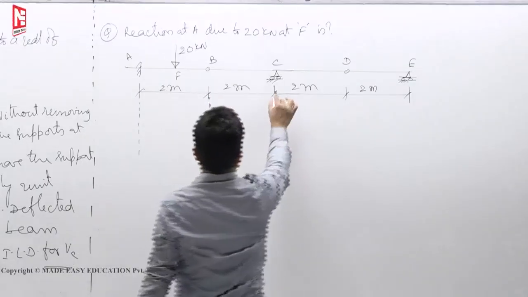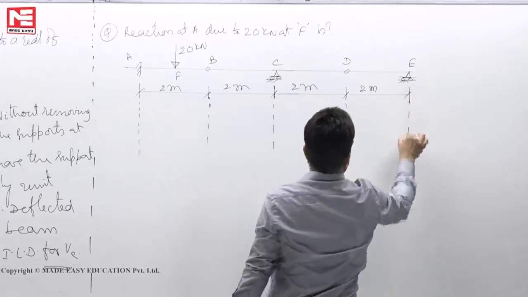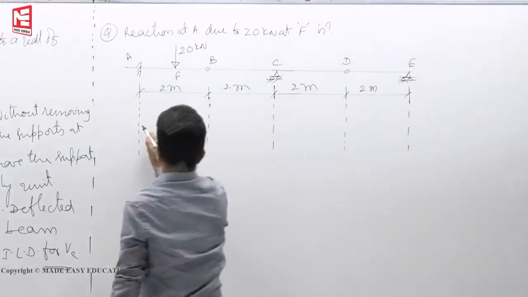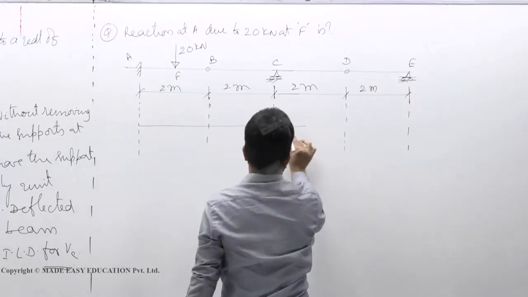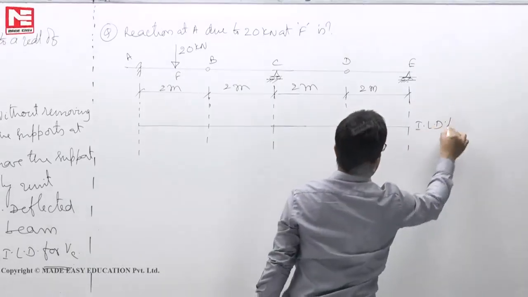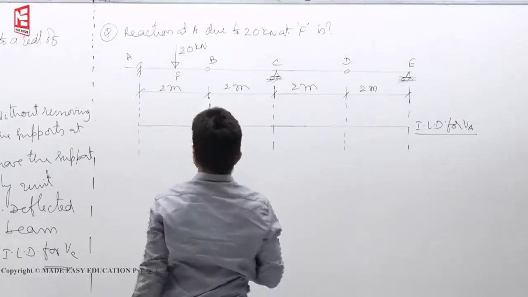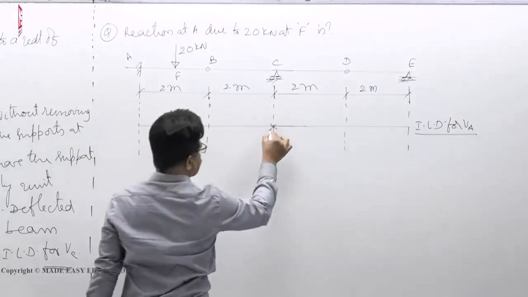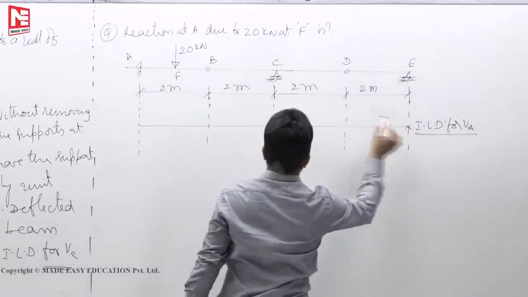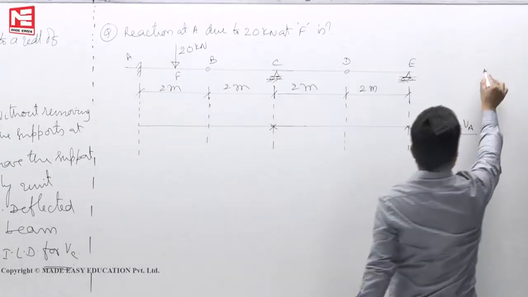Now, let us see how to draw ILD for VA. Same as this one. Without removing the supports at C and E, and also moment at A we should not remove. This is the process.